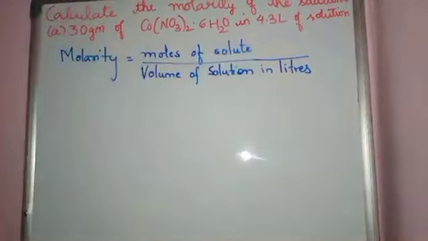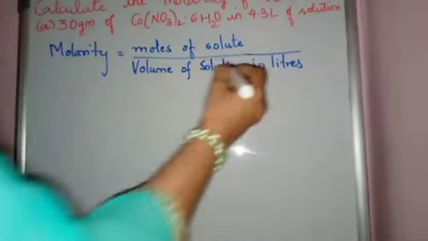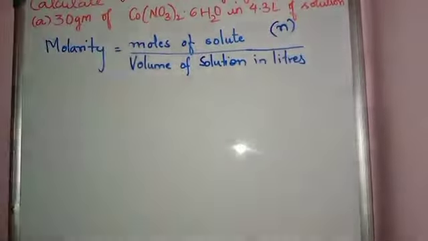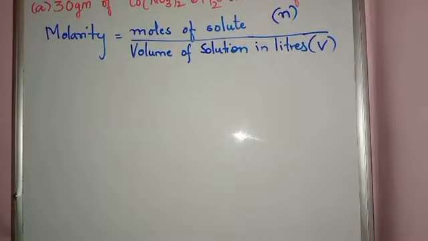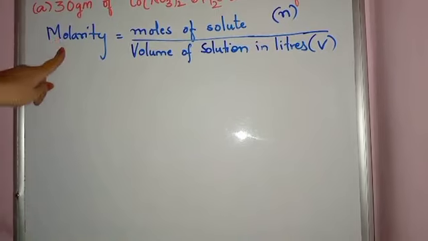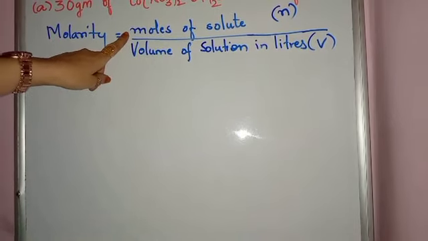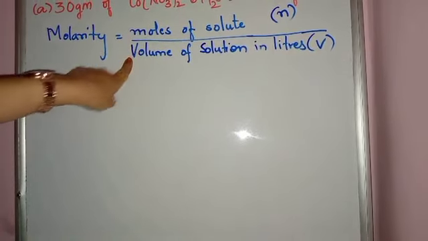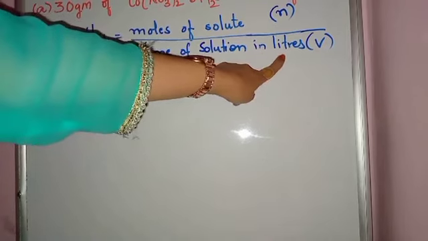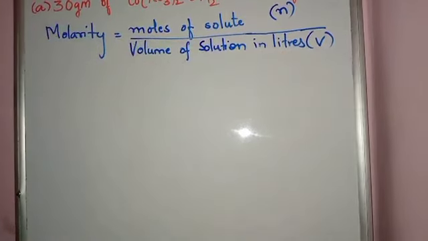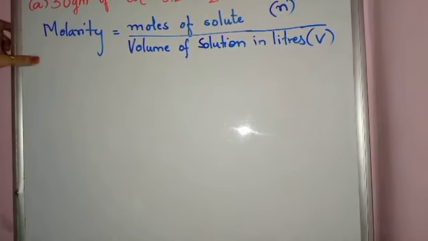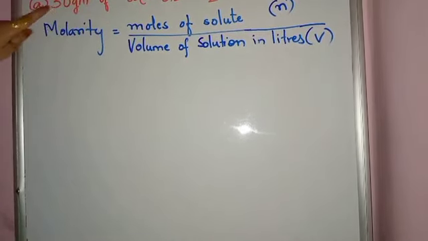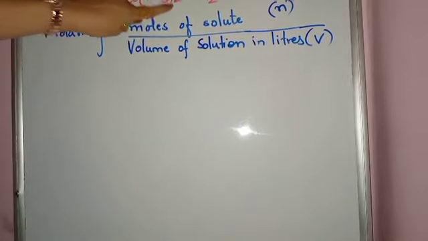The moles of the solute we denote as n, and the volume we write as V. Molarity is nothing but moles of solute by volume of solution in liters. In liters means it will be 1000 milliliters.